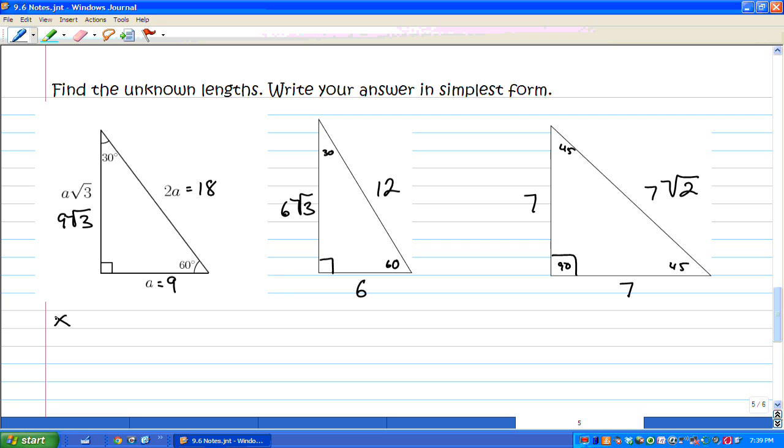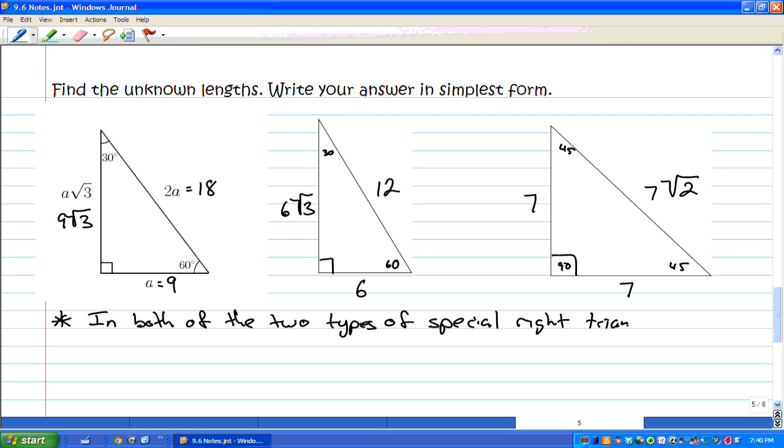The key thing to remember here, and I'll write it down because I don't think you guys are writing everything I say: in both of the two types of special right triangles, the ratios of the side lengths are always the same.